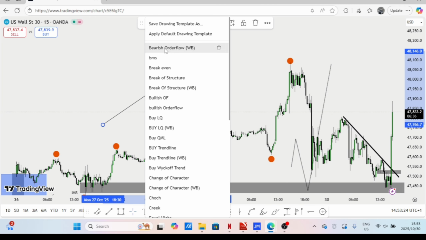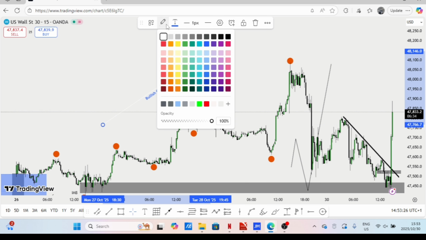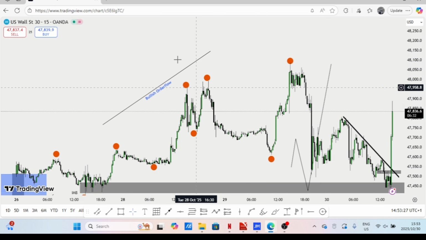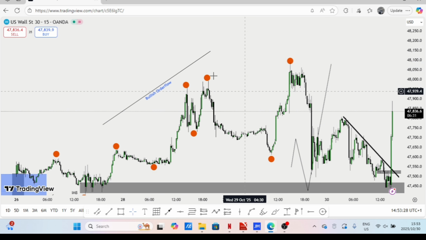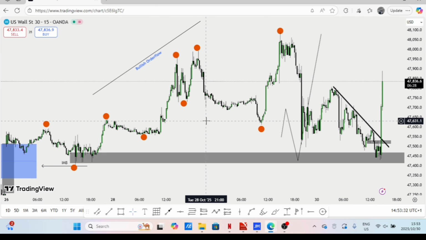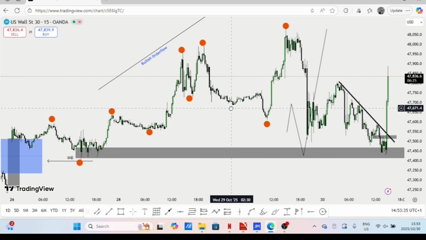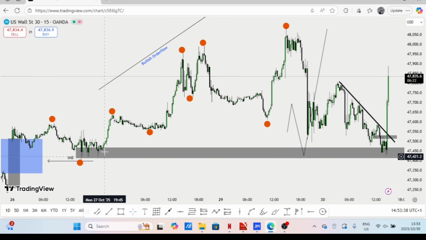The market right over here is on a bullish order flow, just like this. What I am expecting is for the market to keep on being bullish, since we haven't mitigated the low, the demand zone, the supply zone from this week.